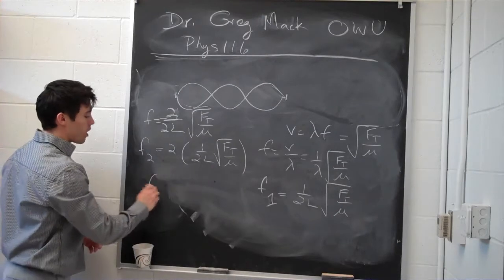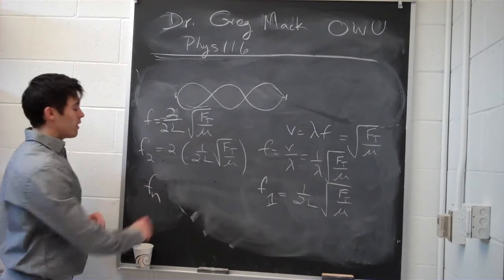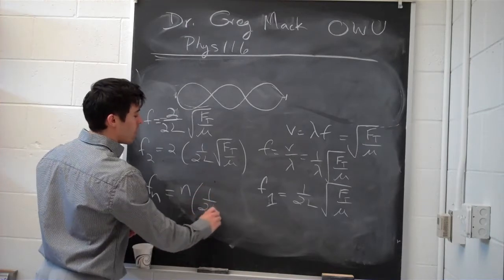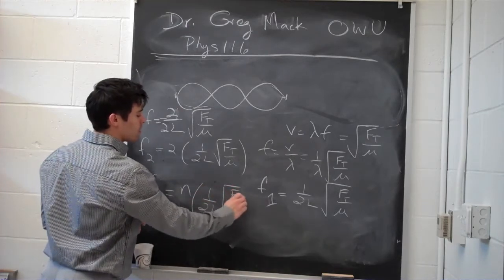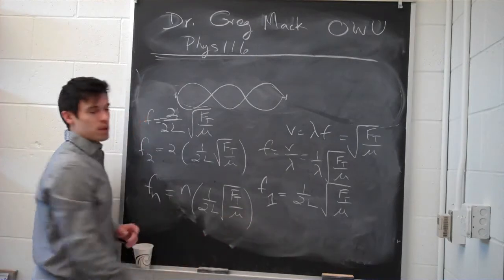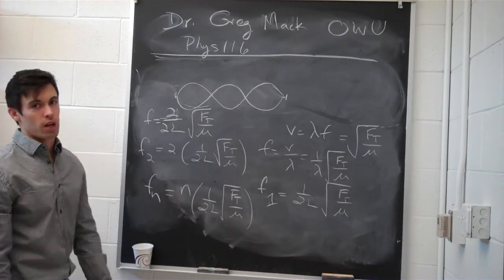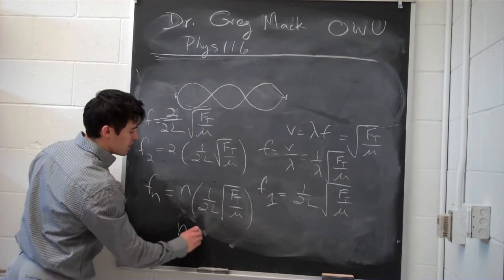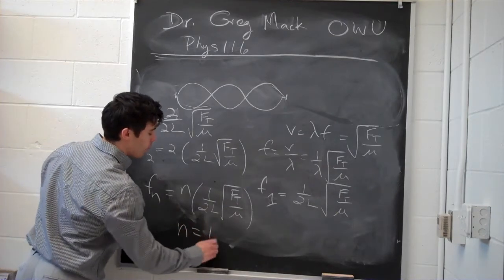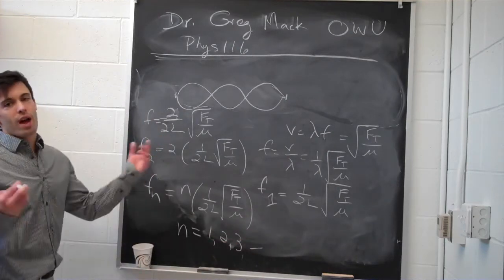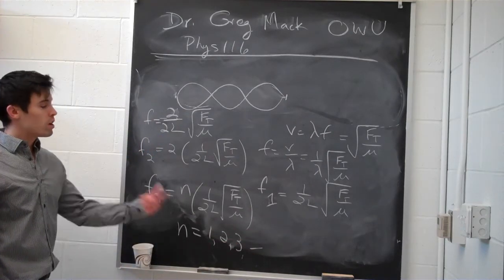So you can label all the harmonics by an integer n. f sub n is equal to n times 1 over 2L times the speed of the wave, which we're being explicit and writing as the square root of the tension force divided by the mass density, where n is equal to 1, 2, 3, etc. If n equals 0, you don't have anything anyway. So you start at 1 and you keep on going.